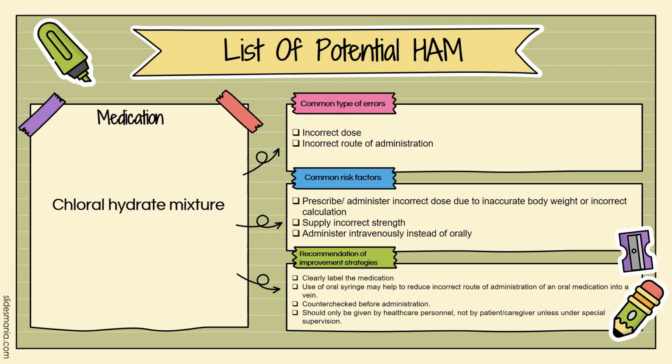The recommendation of improvement strategies include clearly label the medication. Use of oral syringe may help to reduce incorrect route of administration of an oral medication into a vein. Counter check before administration. Should only be given by healthcare personnel, not by patient or caregiver unless under special supervision.